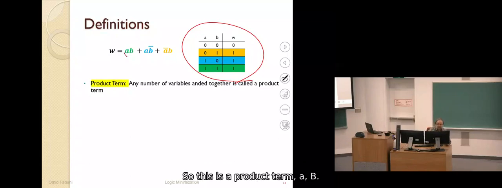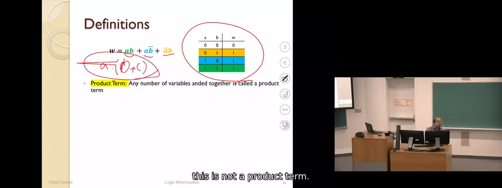So A B is a product term. This is a product term. This is a product term. For example, if I write A and B plus C, this is not a product term. This has 2 product terms, actually. We should apply the distributive law, and then it becomes 2 products.